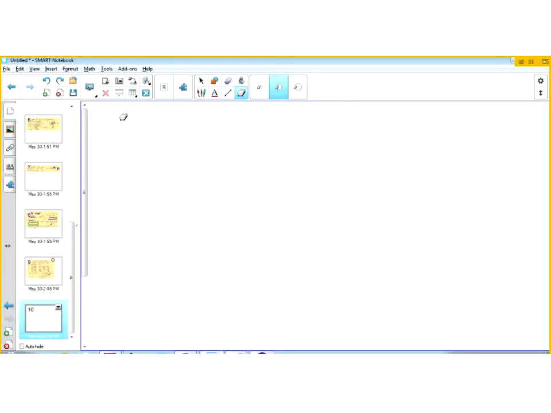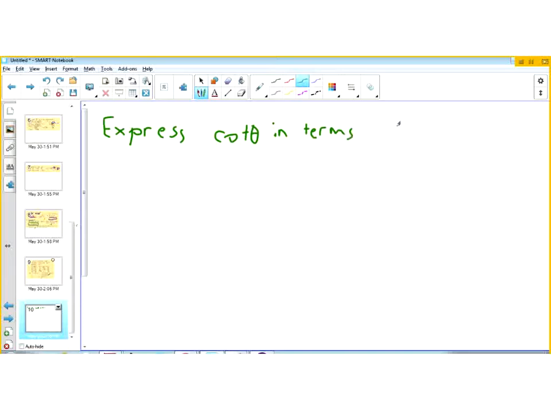Okay, so in this problem, we want to write, so how about we do this? Express the cotangent theta in terms of sine theta if theta is in quadrant 2.